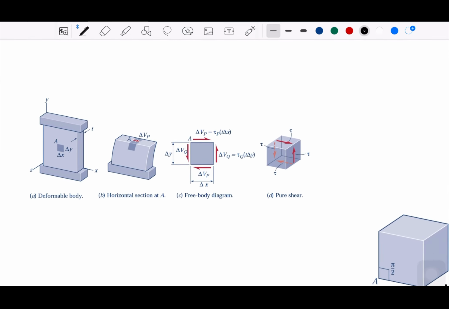So if we see something like a plate, imagine we have a plate, and consider a thin plate.